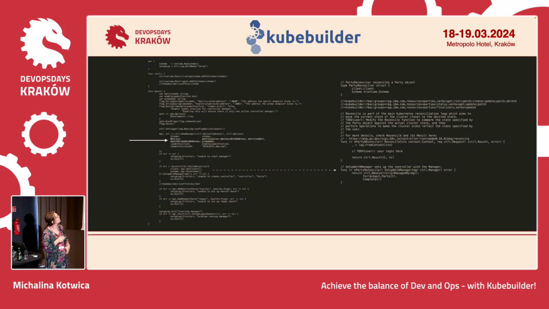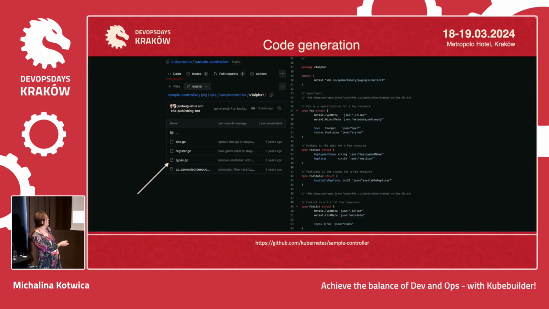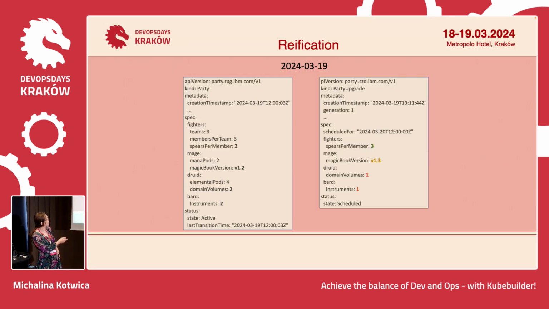Okay, and what is here? Here we have the party reconciler. What the hell is a reconciler? Okay, this thing. It says it contains a Kubernetes client. That's good. That means it can do stuff on Kubernetes. And it has the scheme, this thing. This is the scheme.